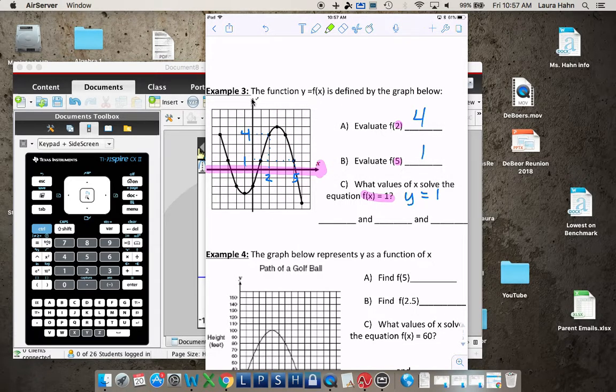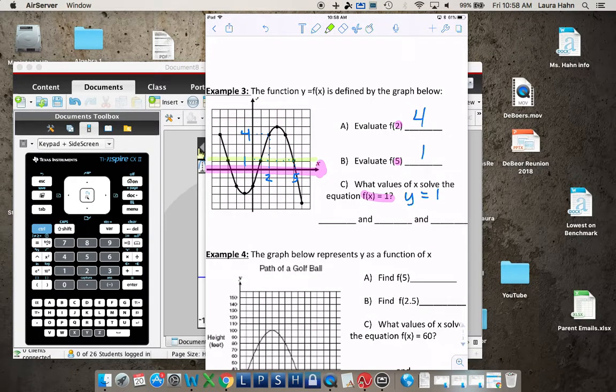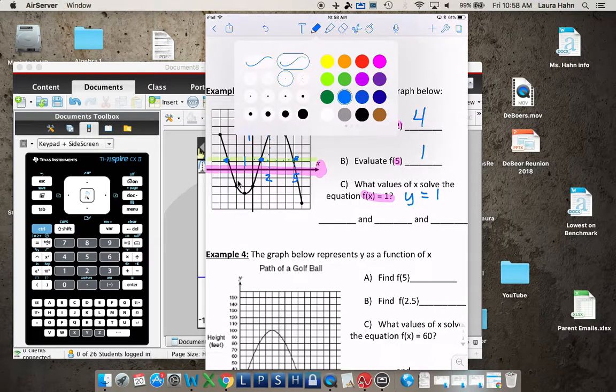Remember, the y-axis is right here, so y is 1 is right here at the height of 1. That's where y is 1, and I want to figure out what each of those x values are. Notice my graph is at a height of 1 here, here, and here. So we have to find each of those x values. Trace them to the x-axis.